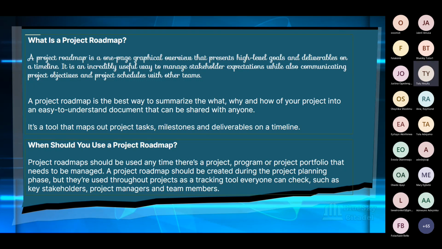Yeah, so that roadmap, I think someone is not muted. So that roadmap is a high-level visual representation of the larger project plan, and it explains the different phases, the what, the why, and the how.